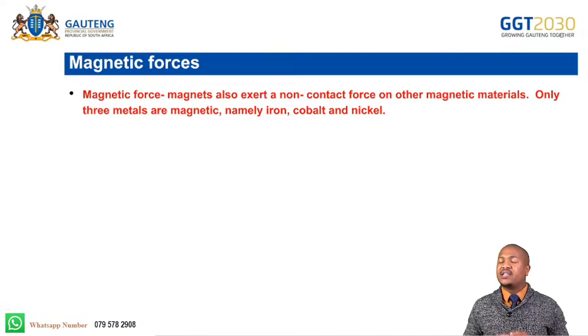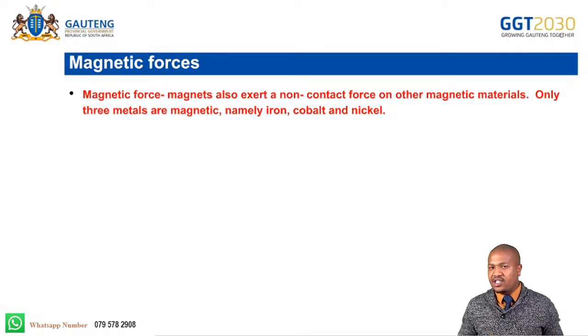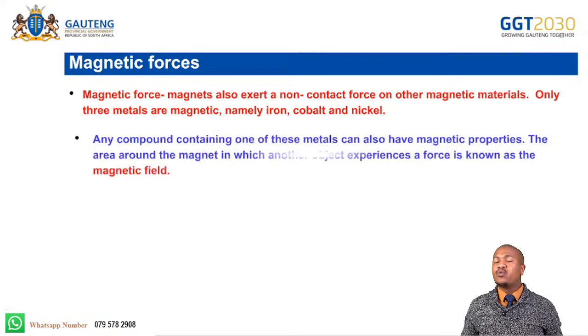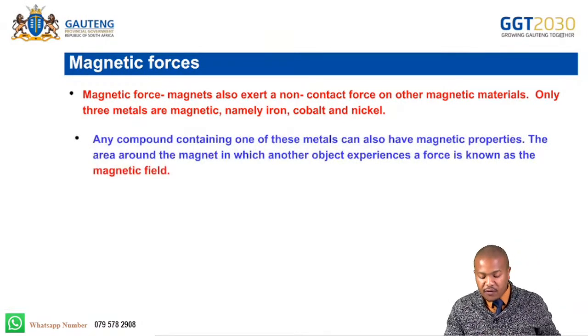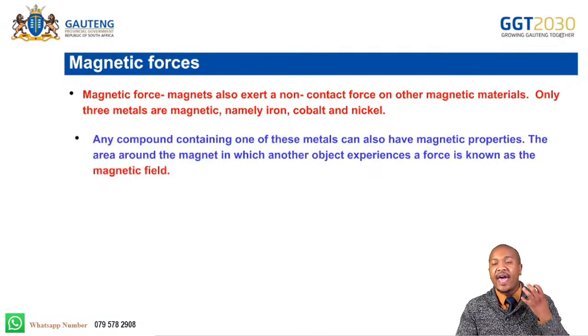Those are the types of metals that can be pulled closer by magnets over a distance. It means that any compound containing one of these metals can also have magnetic properties.